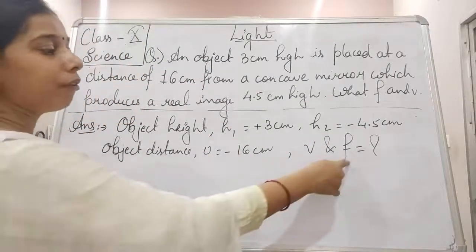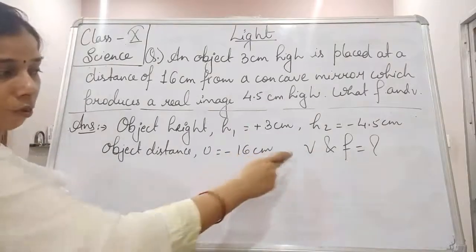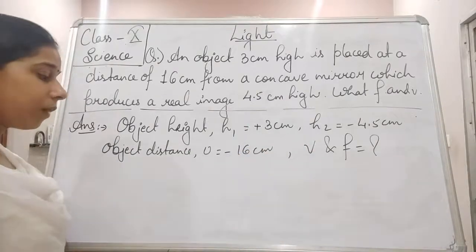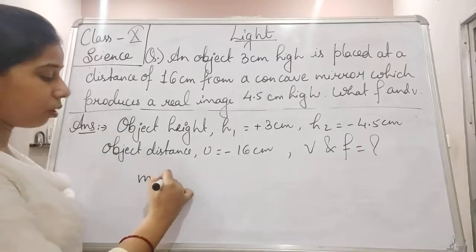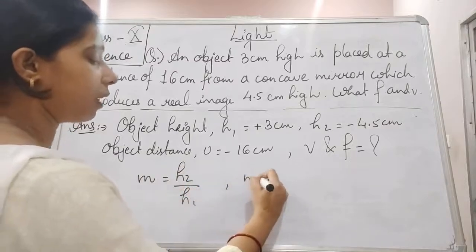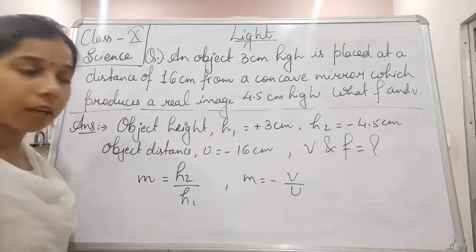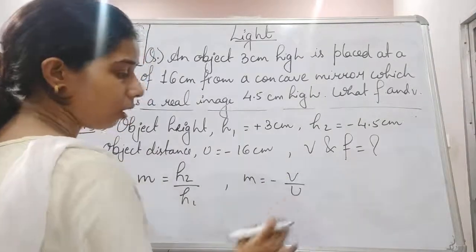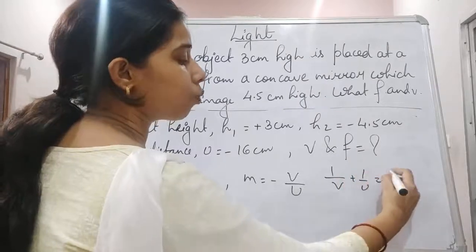These two are not known to us. How can we find the focal length? We know the formula, magnification is equal to h2 upon h1, as well as magnification is equal to minus v upon u. Why are we not putting the value in the other formula, 1 by v plus 1 by u is equal to 1 by f?